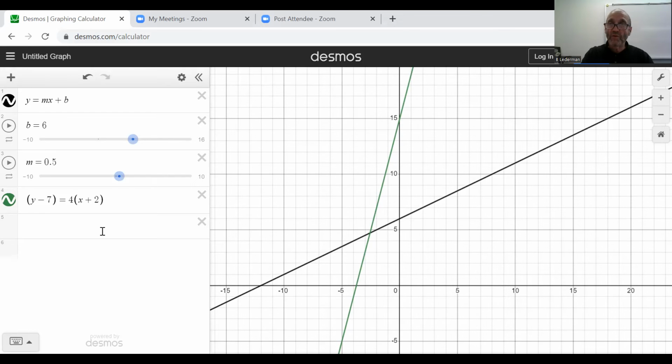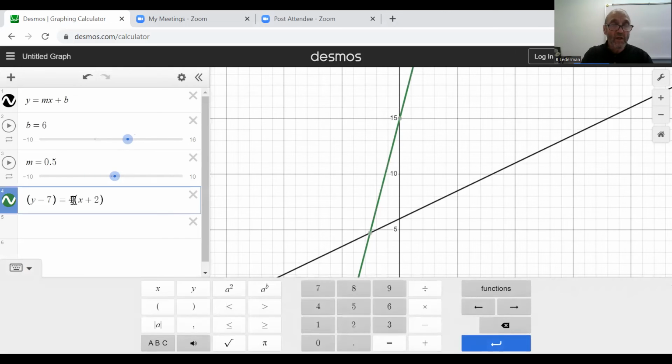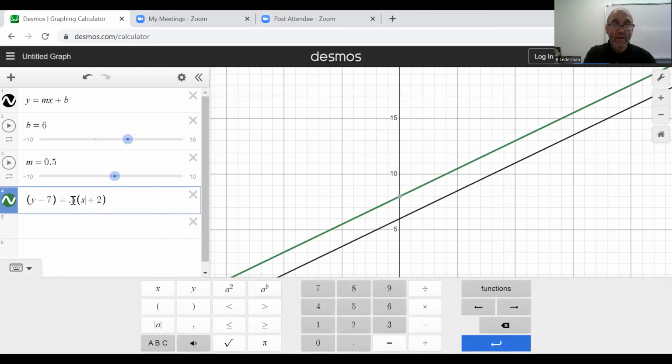Now I'm going to fix this up with the equation I got before. y minus 7 equals 0.5 times x minus 2.